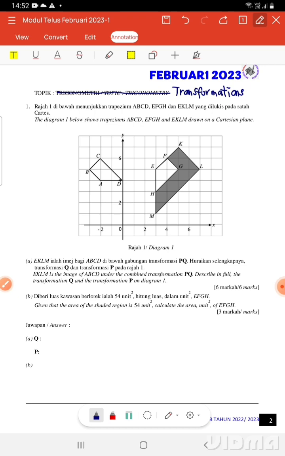For this topic, I'm sure all of you have done your revision and have answered so many questions. For your information, this is quite an important topic. Quite important meaning that if you can't answer all the questions, don't just leave it blank.